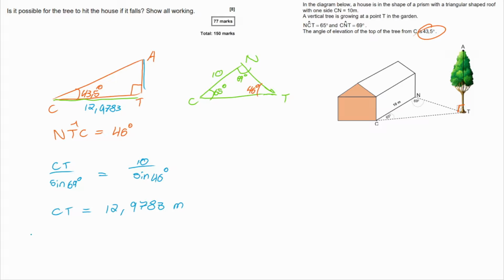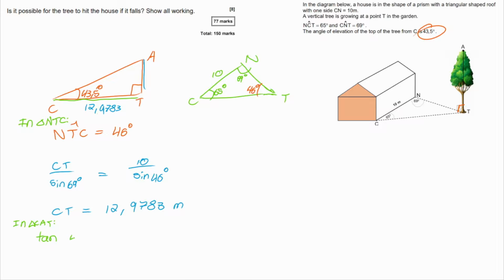So the height of the tree: if we do this ratio, we have our adjacent and we're trying to find our opposite, so we're doing tan. We were working in triangle NTC before, and now we're working in triangle CAT.